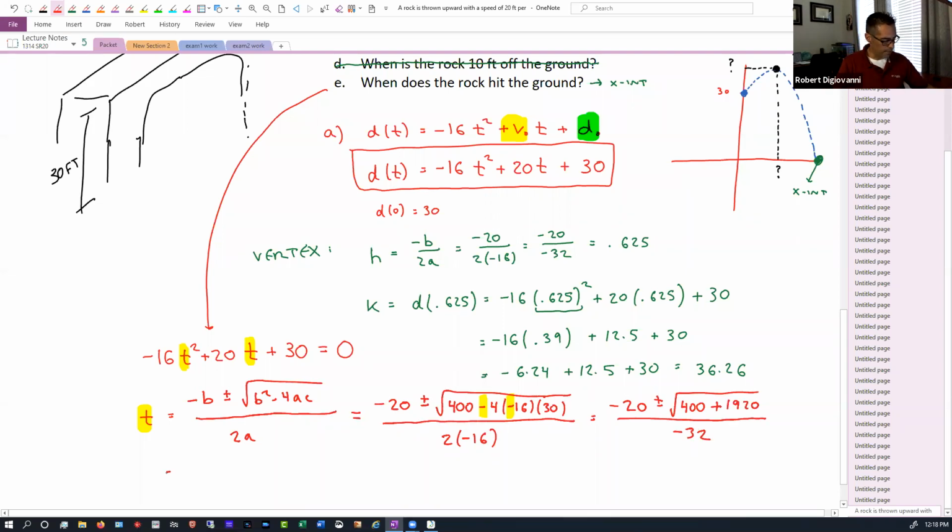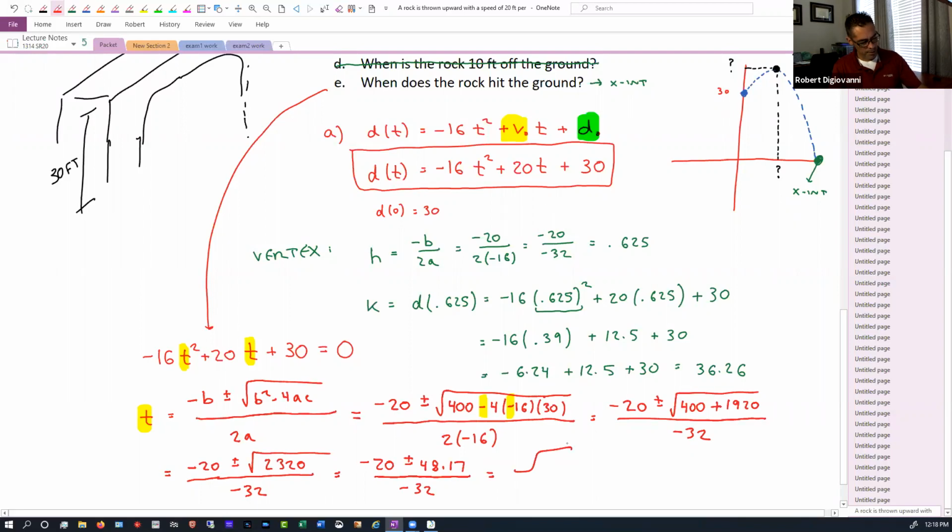Now I'm going to keep going here. This is negative 20 plus or minus the square root. Okay, what is that? 1920. I need to do on my calculator the square root of 2320, which gives me 48.17 over negative 32.